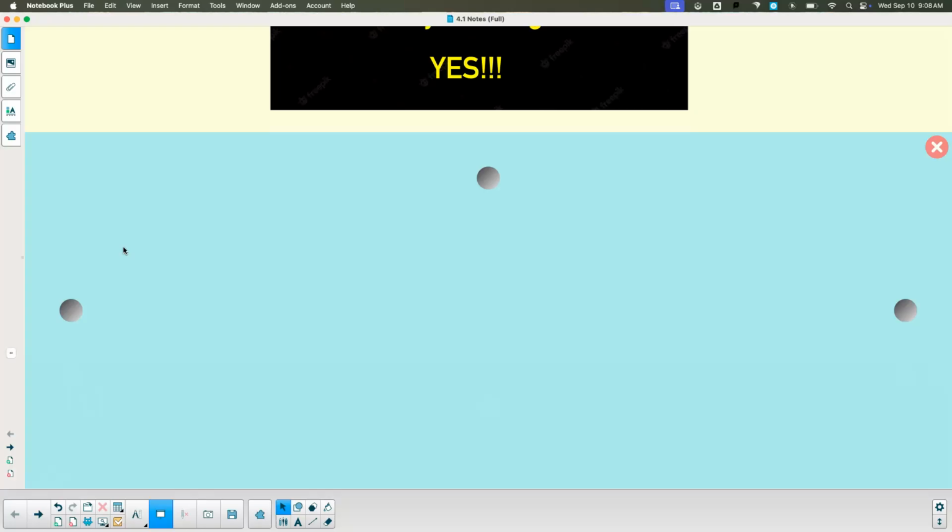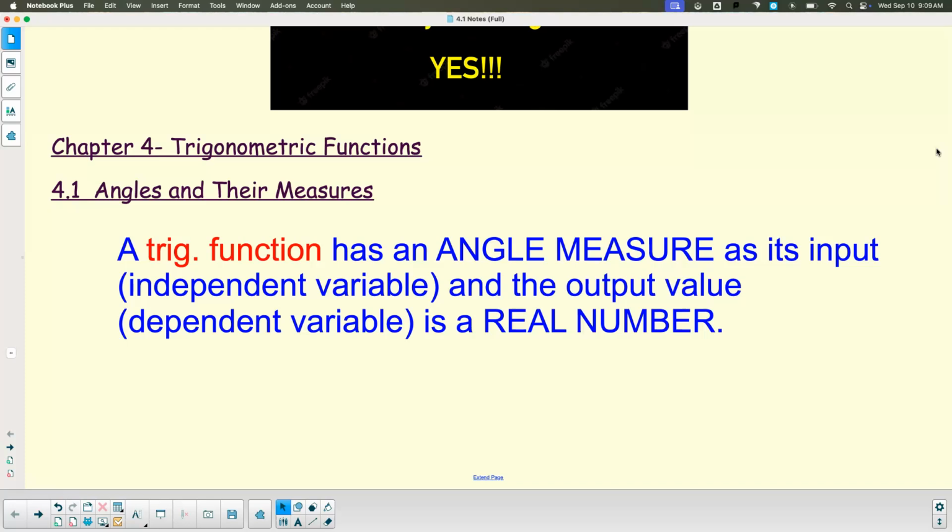Last year you started talking about sine, cosine, and tangent in your Algebra 2 extended class, and you developed the unit circle. We'll do a lot of that this year.